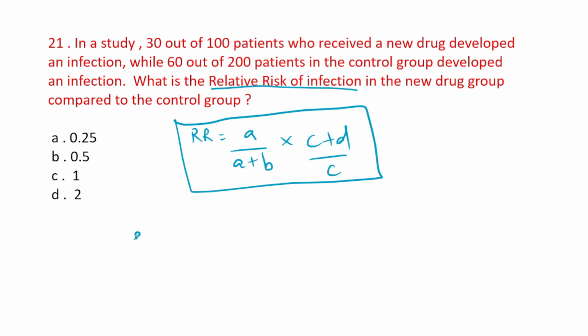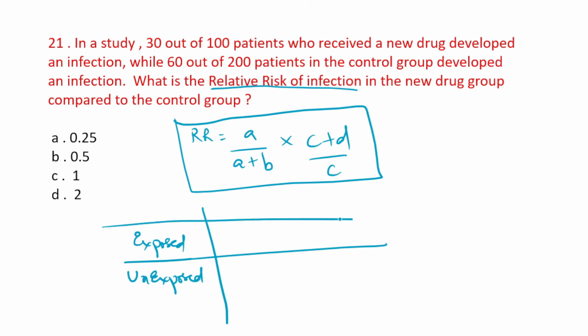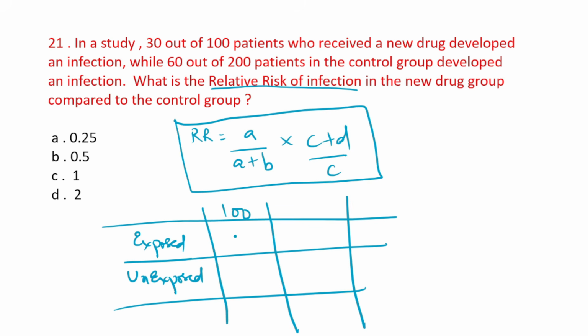First we will see exposed and then unexposed. Out of 100, 30 are exposed.